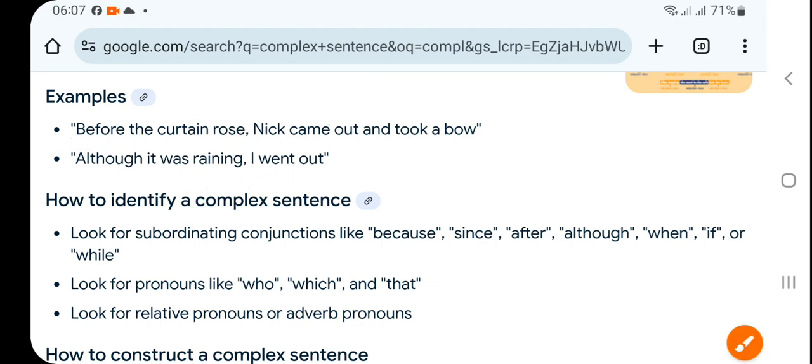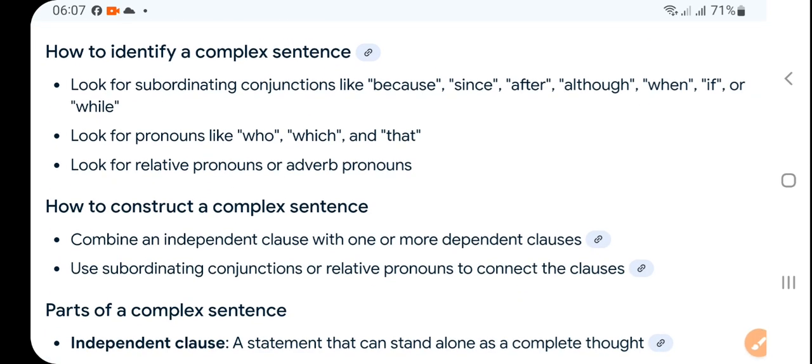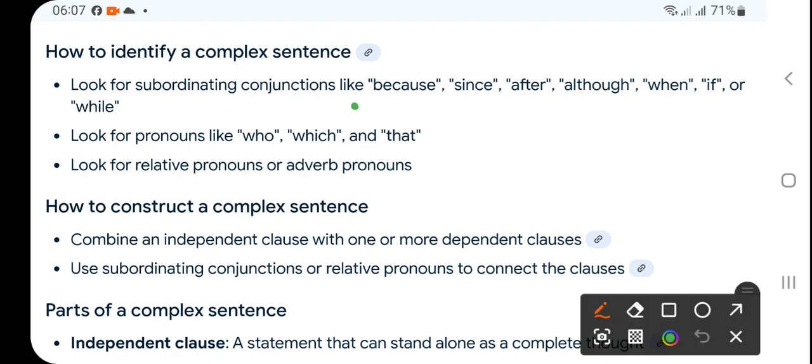Okay. Now, how to identify a complex sentence? For identification, look for subordinating conjunctions like because, since, after, although, when, if, while, right?